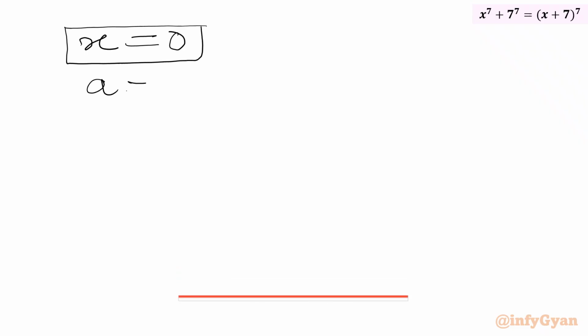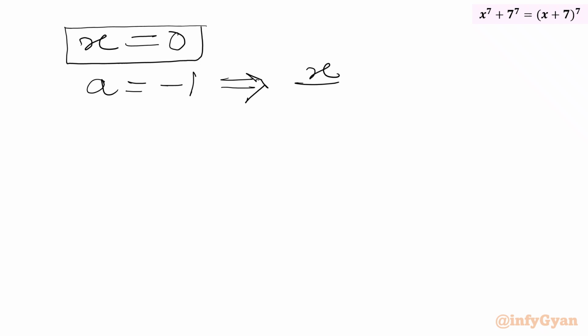Let me write here. The first solution was x is equal to 0. The second solution was a equal to minus 1, which we can solve with our substitution x over 7 equal to minus 1. We will multiply both sides by 7. We will get our second real solution, x equal to negative 7.